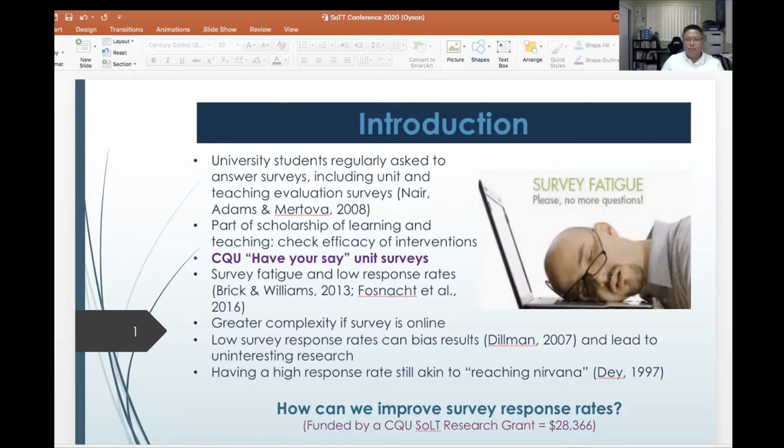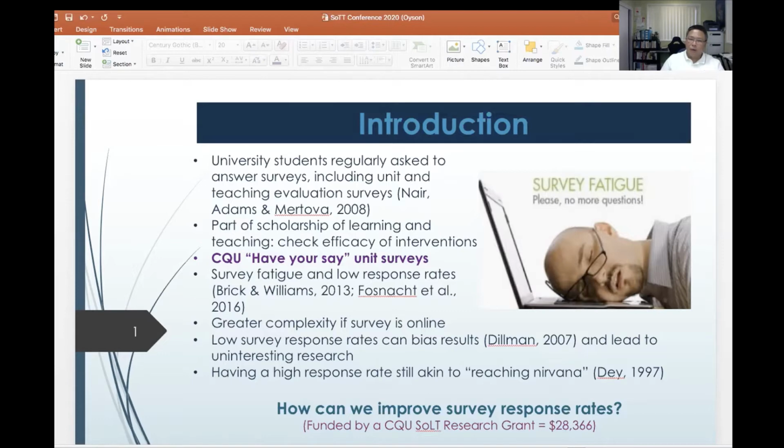And this has been observed consistently by a number of researchers. The problem with very low response rates, as we know, is that they can bias the results. And if the response rates are low, we may have difficulty saying that whatever results we have are generalizable across the population.